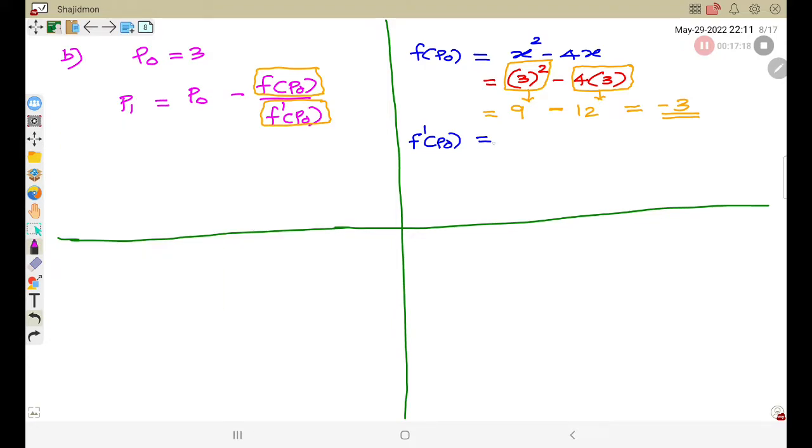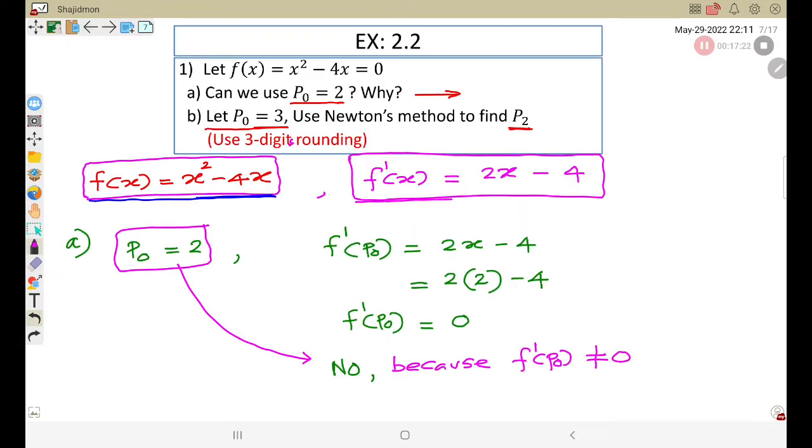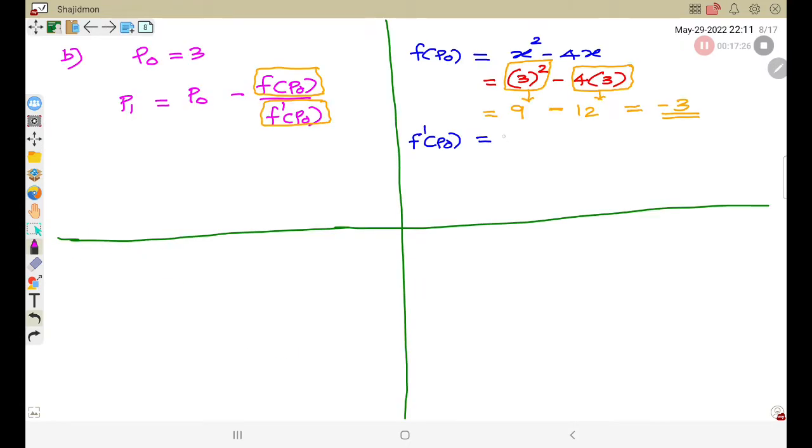Now f dash of P0. First write what is f dash of x. Here f dash of x is 2x minus 4, the derivative. Correct? Now x is replaced by the P0 number, which is 3 here. So 2 multiply 3 minus 4.